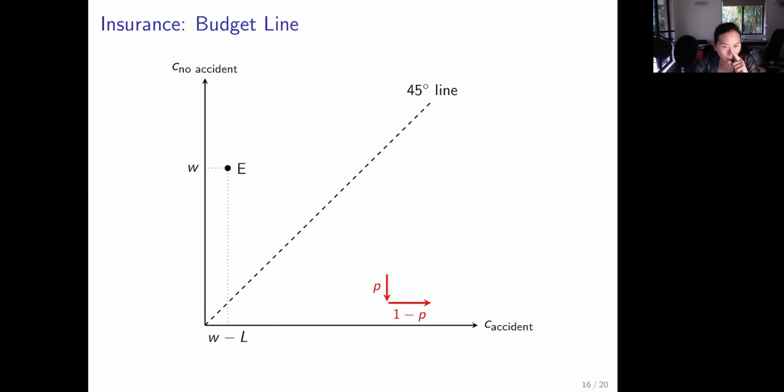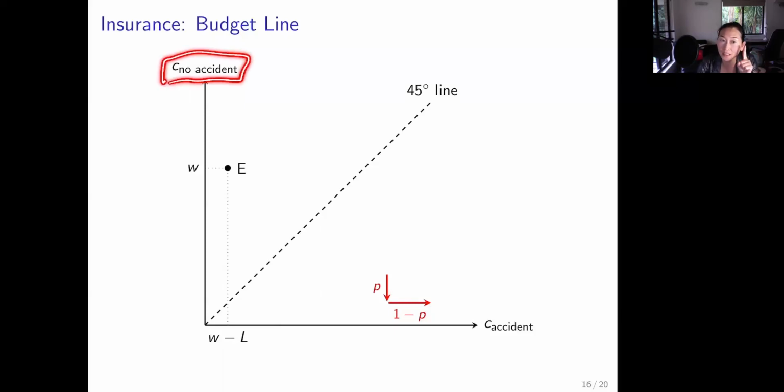So with that, if you want to move from point E, which is no insurance, right? If no insurance, you might end up with this wealth or that wealth. Or you can purchase insurance. If you purchase the insurance, what is going to happen? If you do not have accident, what happened to your wealth when you purchase?